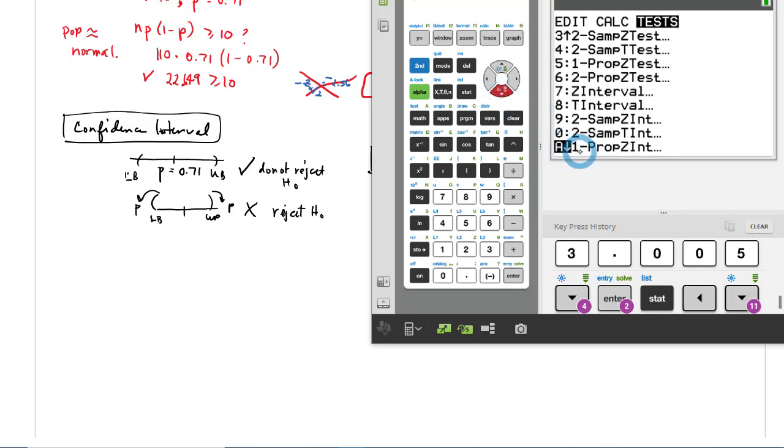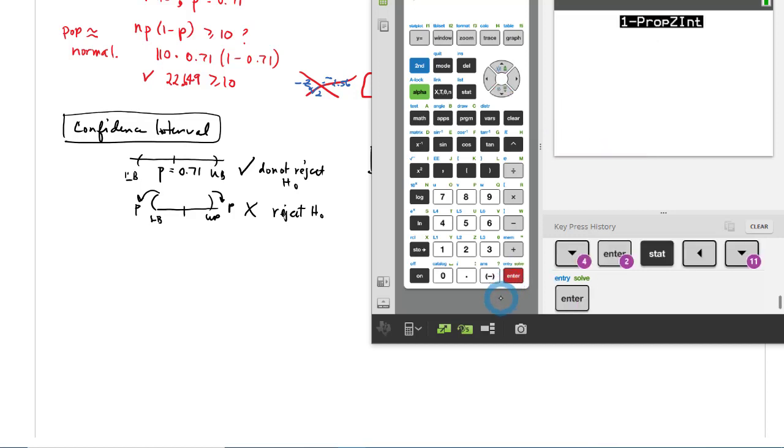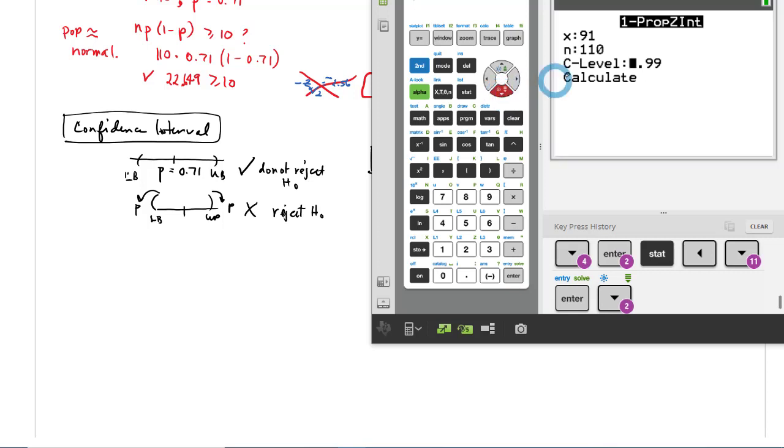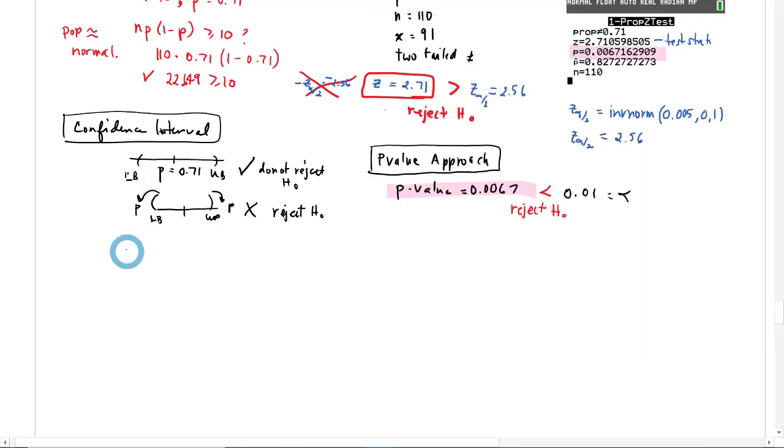So if alpha is 0.01, that means the confidence level is 1 minus 0.01, which is 0.99. So we'll put that in the calculator, and let's just hit calculate.